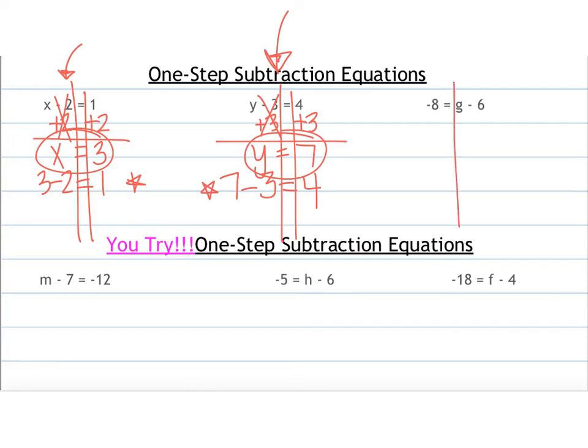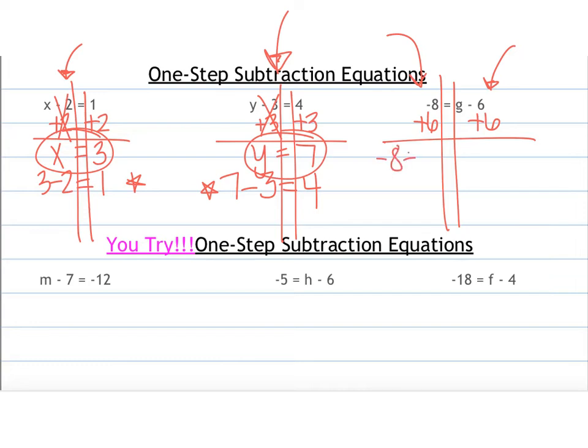Negative 8 equals G minus 6. So G minus 6, I look at the right side because my variable is on the right side. Add 6, add 6. Again, notice that I'm putting my adding 6 right underneath there and right underneath there.